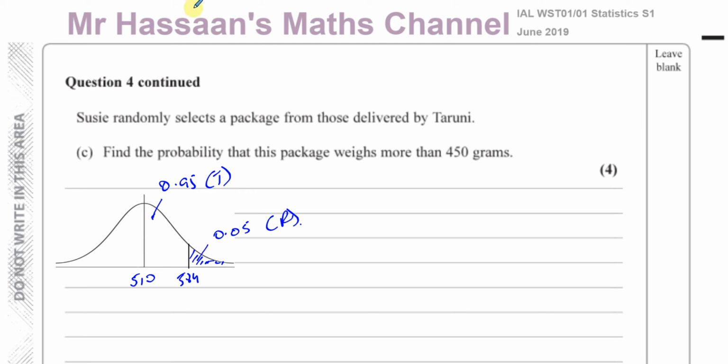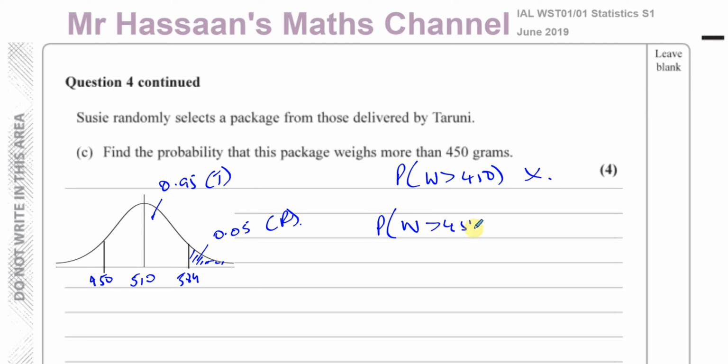You want to find the probability that a randomly selected package from those delivered by Taruni only weighs more than 450 grams. So you have a condition here. The condition is that they must be delivered by Taruni, not by Rav. So it's not just the probability that the weight is greater than 450. There's a condition.